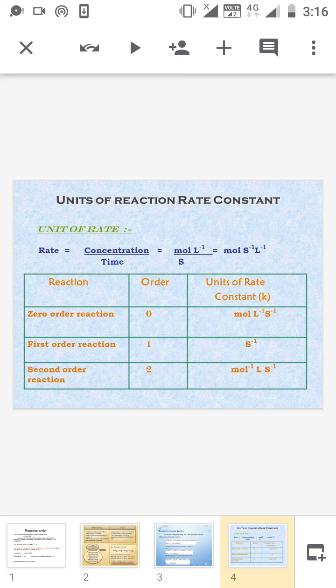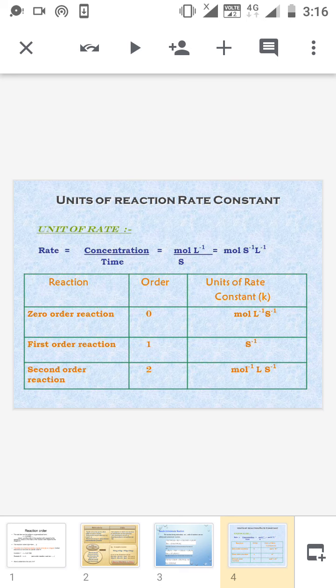So what will be the unit of a second order reaction? For a second order reaction, dx by dt is equal to K into concentration of A into concentration of B. So K is equal to dx by dt divided by concentration of A into concentration of B. In the numerator we have the unit mole second inverse liter inverse, divided by mole per liter squared.